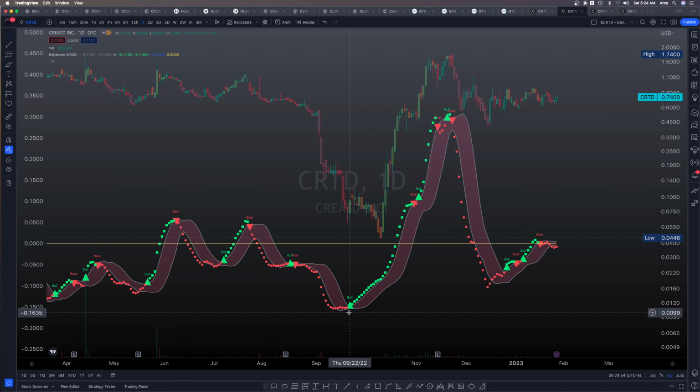So you're looking at the bull signal printed here on the enhanced MACD on the opening of this candle iteration right over here on September 22, 2022, which was at about 7 cents, 7.25. Okay, so what essentially happened is that upon the contraction, the volatility or Bollinger Band started expanding, thus giving us this huge move to the upside.